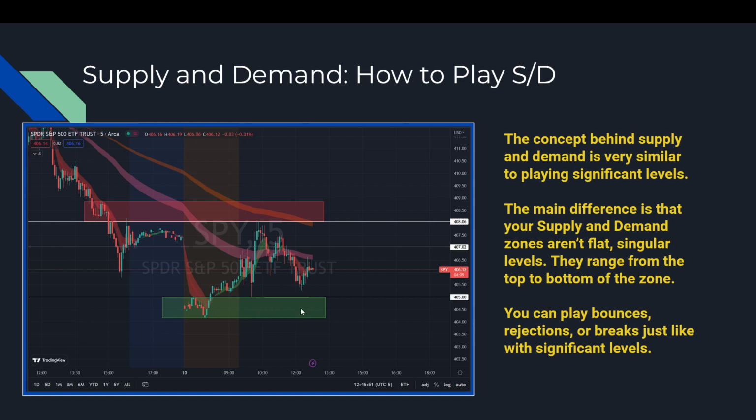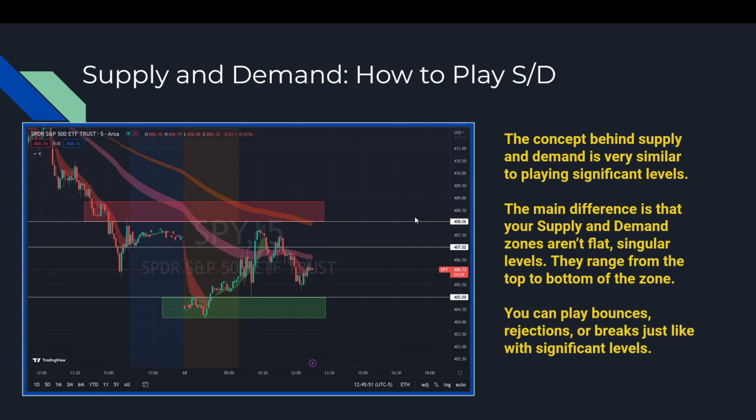So the stop losses on these plays are a bit more than a stop loss you would have on significant levels, because if you take a put below 408.06 in this example, because we had a candle close below 408.06, your stop loss is going to be a close over 408.06, whereas in this supply zone or this demand zone, the price action can bounce anywhere within the zone. And in this case, it was 404 to 405 for the demand, and then 409 to 408.06 for the supply.